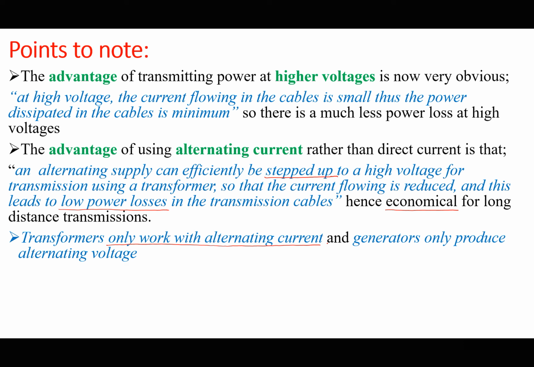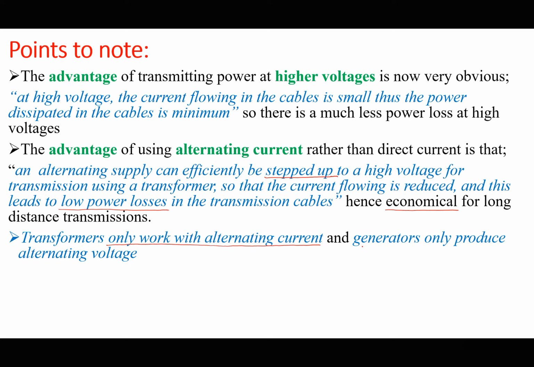And direct voltage or direct current cannot produce a changing magnetic flux. Direct current or direct voltage only produce a constant magnetic flux. So we cannot use DC on transformers. You cannot connect a battery or a cell to a transformer.